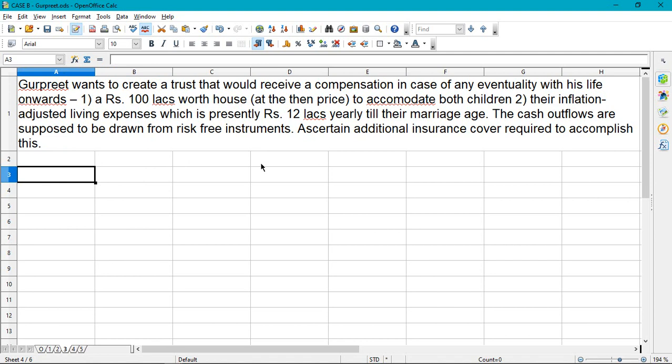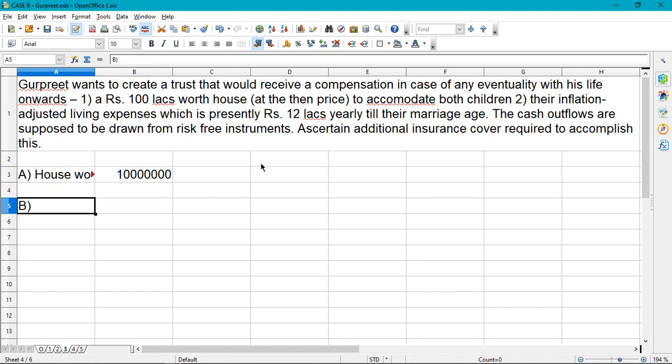So the A part is the house worth, which is pretty straightforward. We will take 100 lakhs, that means 1 CR, right? So 100 lakhs. And what is the B?